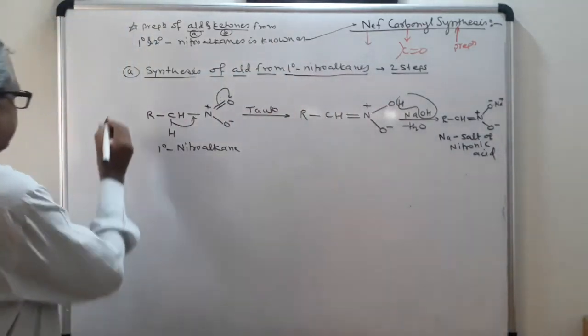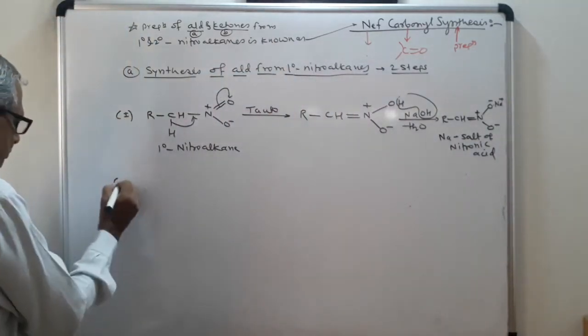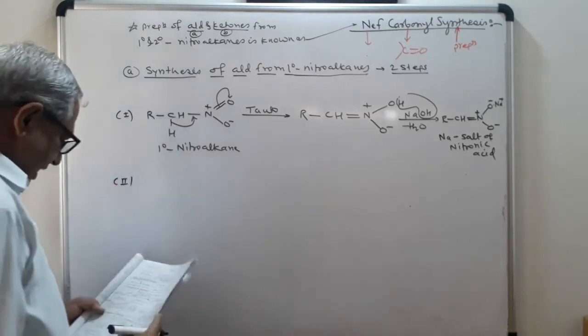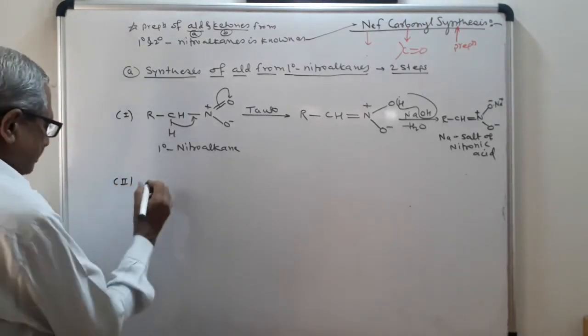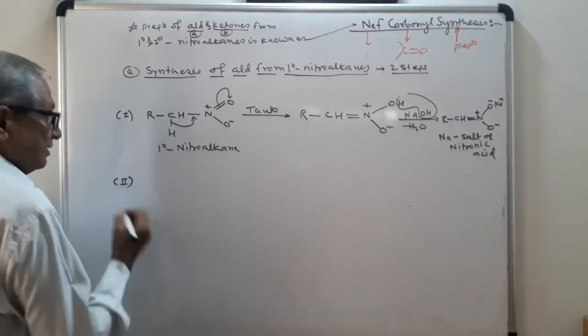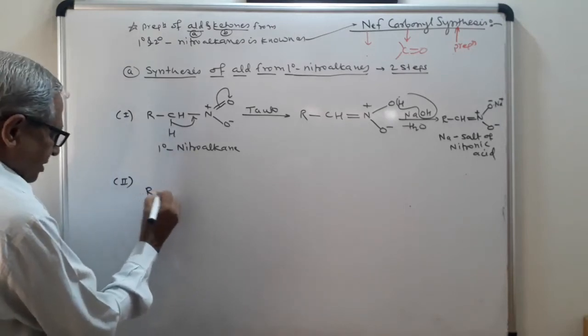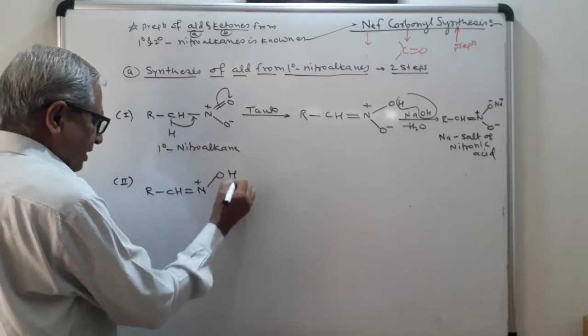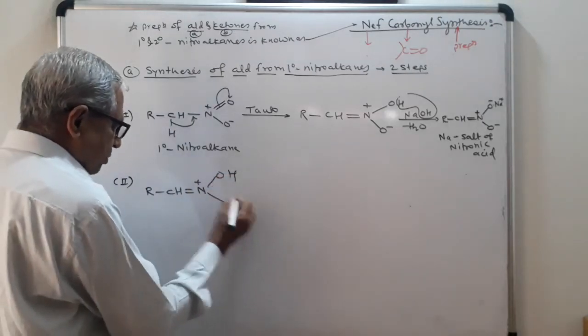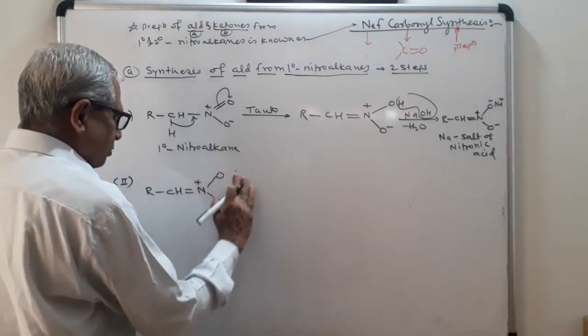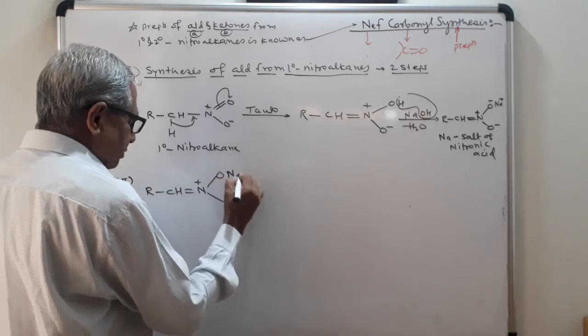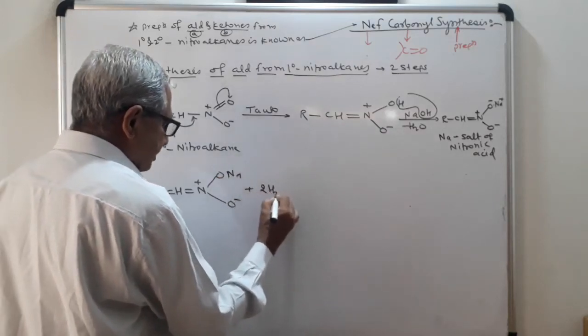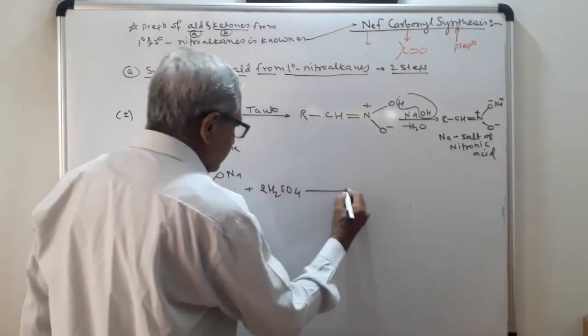Step second, the sodium salt of nitronic acid is treated with H2SO4. So RCH double bond N OH, and then here ONa, the sodium salt of nitronic acid. It is treated with 2 molecules of H2SO4.